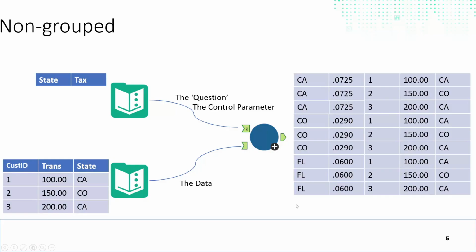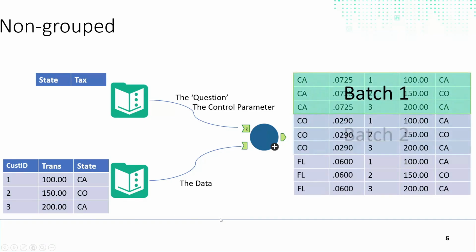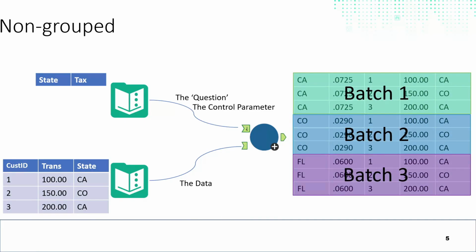You're going to get 9 rows out, which is the 3 controls times the 3 customer data. Okay? And that's functionally what we just did. Okay, but we didn't have any data. That's 3 batches, hence batch macro.